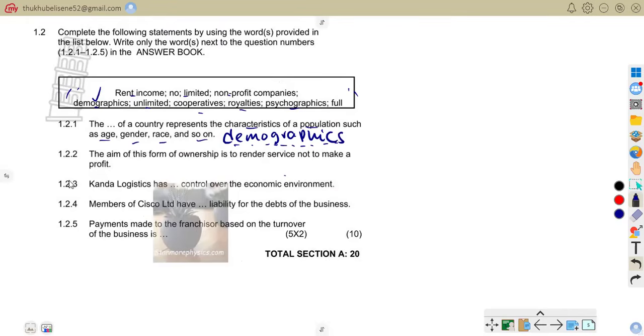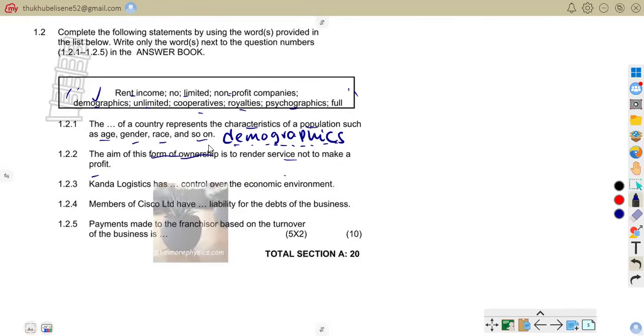Question 1.2.2: the aim of this form of ownership is to render services, not to make a profit. So the bottom line is not to make a profit.